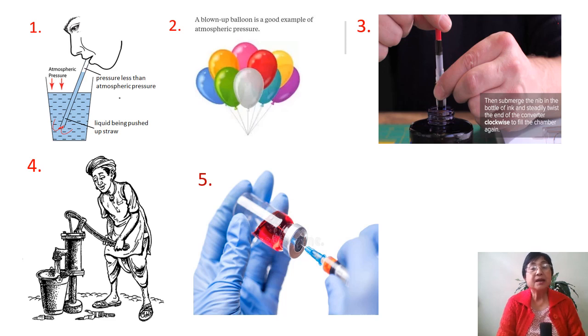The next example is about the balloons. Now, I'm not talking about flying of a balloon, which I did last time. But here, what I'm going to explain to you is before you push the air into the balloon, you'll find the balloon is collapsing.